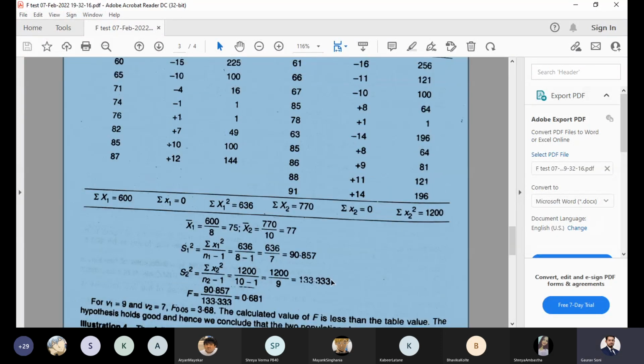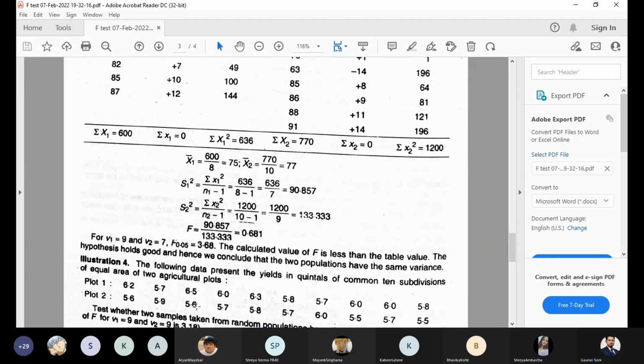So we look at the tabular value in this case. The tabular value with 0.05 level of significance, nu1 is 9, nu2 is 7, which is 3.68. So the calculated value is smaller. Hence the two populations have the same variance, which means that there is no significant difference in the variance.